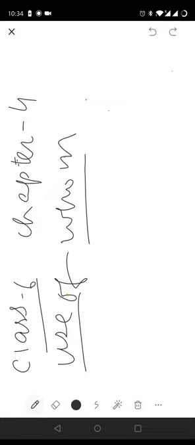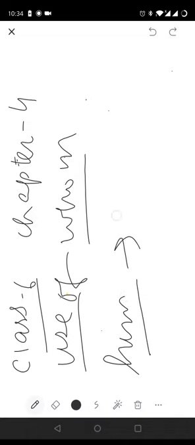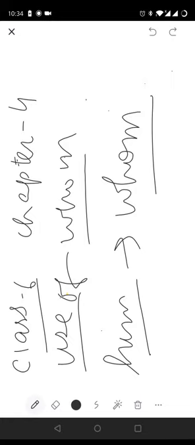And next thing, it is put before the second sentence in place of him. In place of him, we use whom, and it is put before the second sentence.